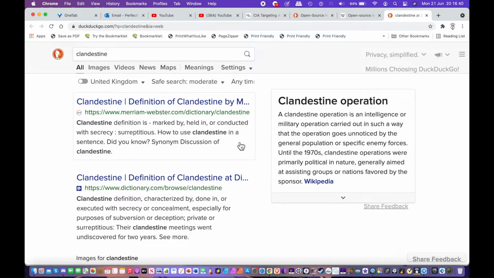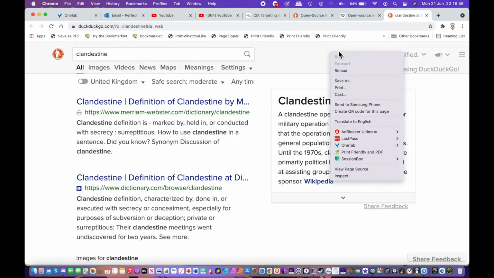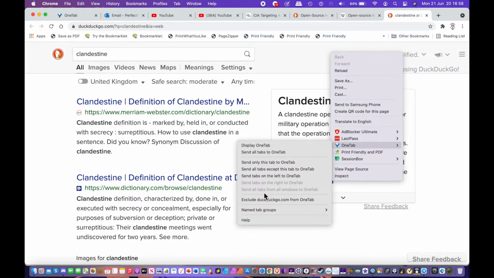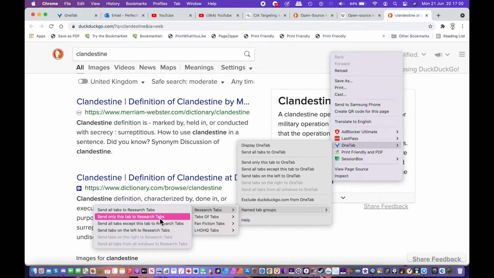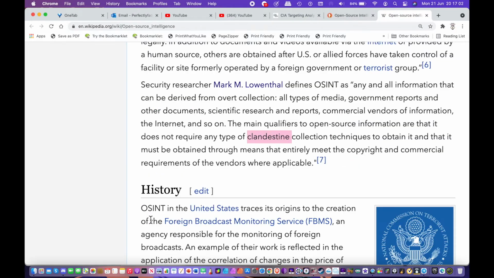So things like Seth Rich getting the information to WikiLeaks, that would be clandestine. Okay, I'm going to put that away as well.